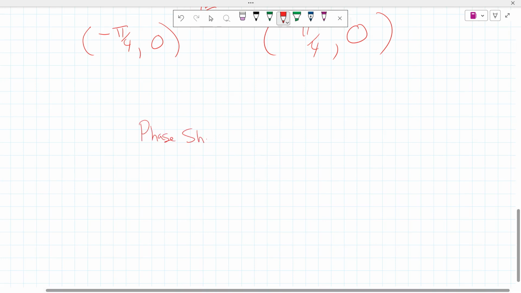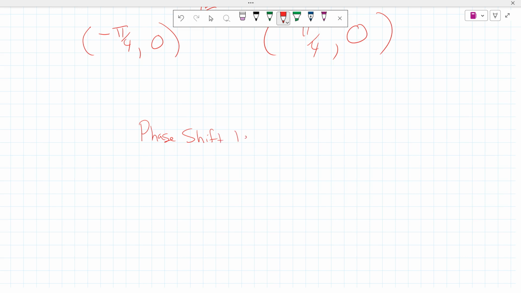Now, let's do a phase shift left by pi over 3 and down 1. Let's say we're at (pi, 3). If you do a phase shift left by pi over 3 and you go down by 1, where are we going to be?